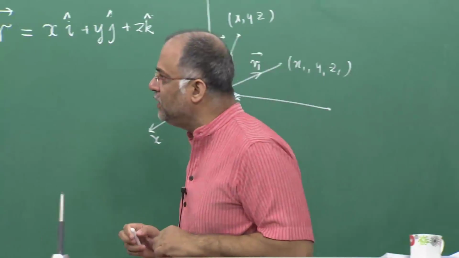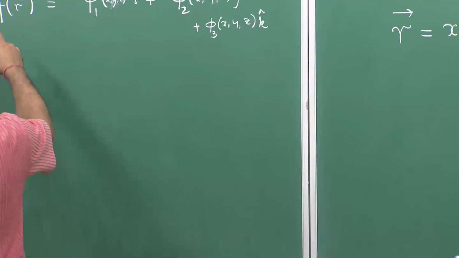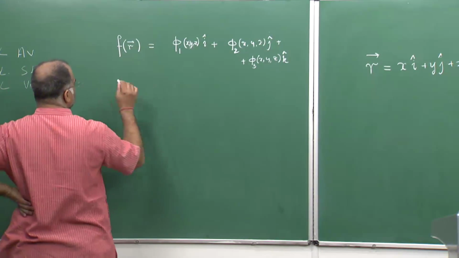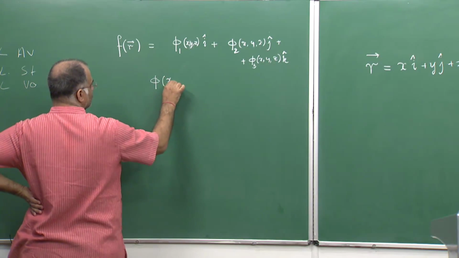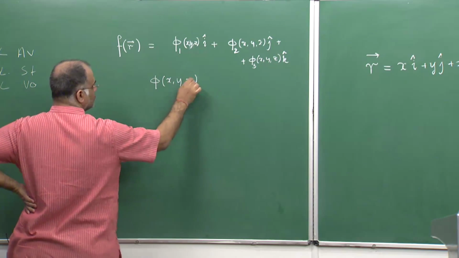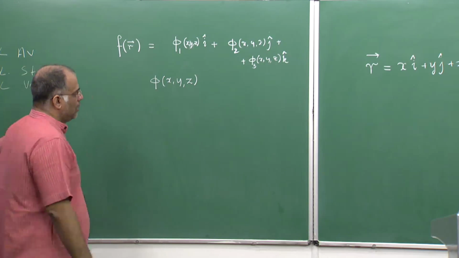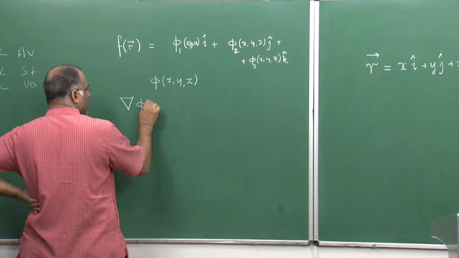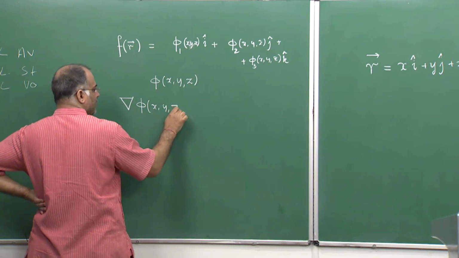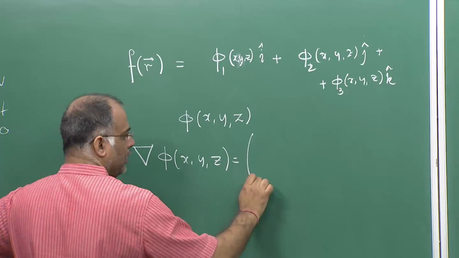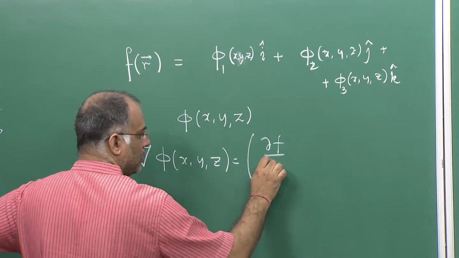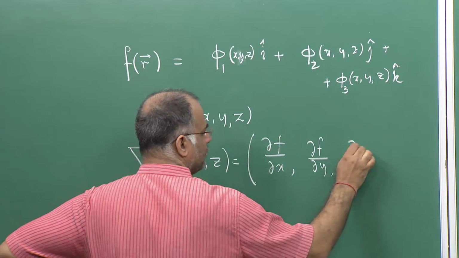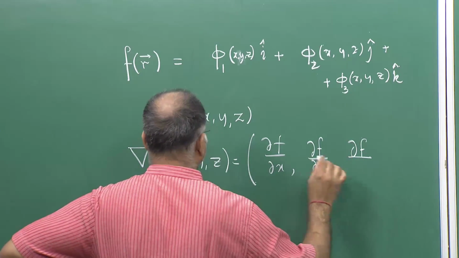Now, if I have a function of 3 variables, these sorts of functions pretty often come up. Suppose I just have a function of 3 variables. Then there is the important operation called the gradient operation, which is nothing but a vector collecting all the partial derivatives, del phi.